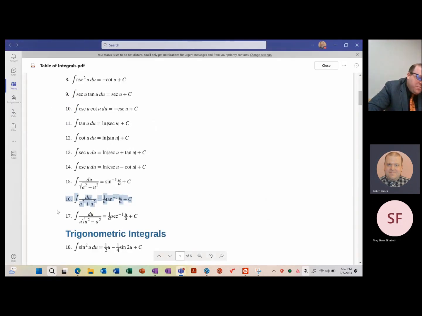Which is now proper form. What is A? Five. Basic integrals, you don't need to tell me what formula number it is, because it's a Calc 1 integral.